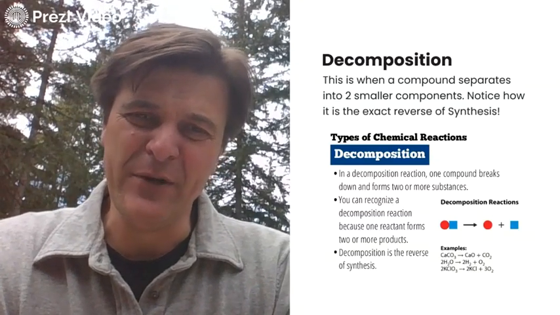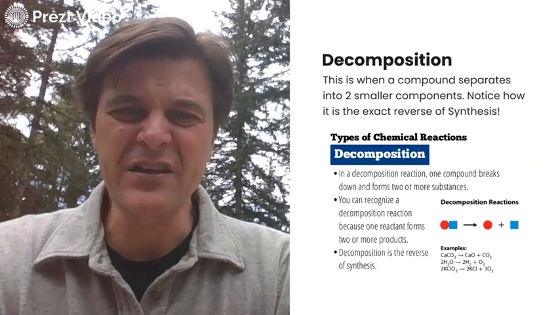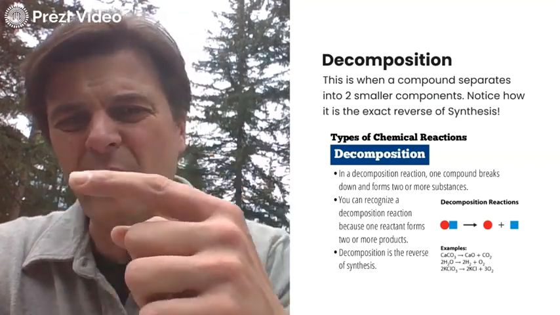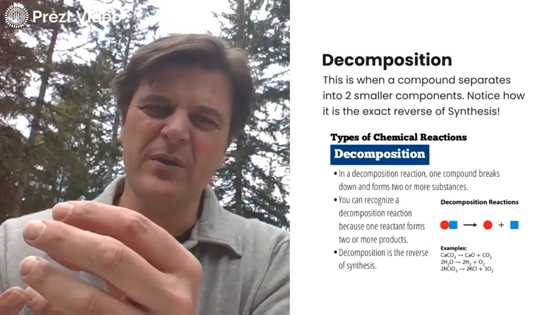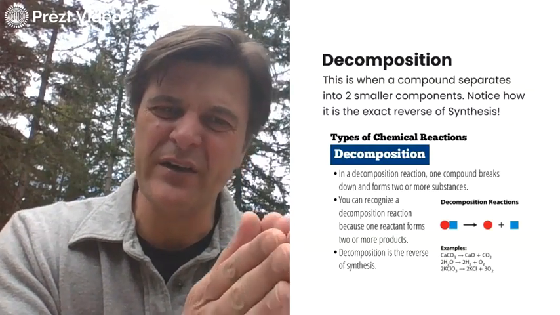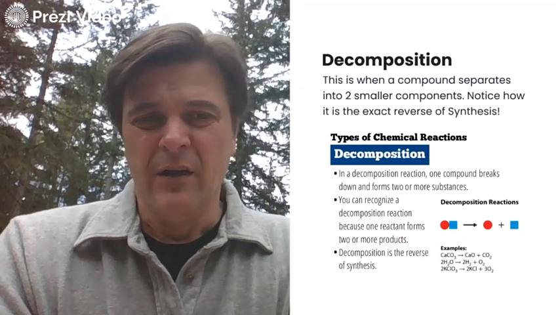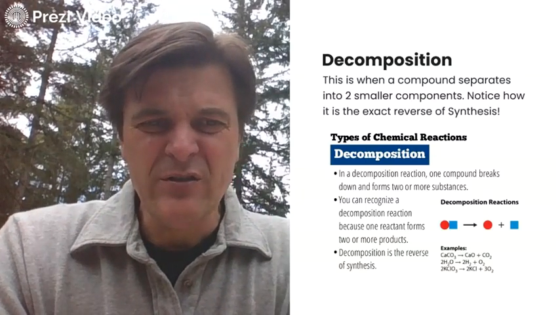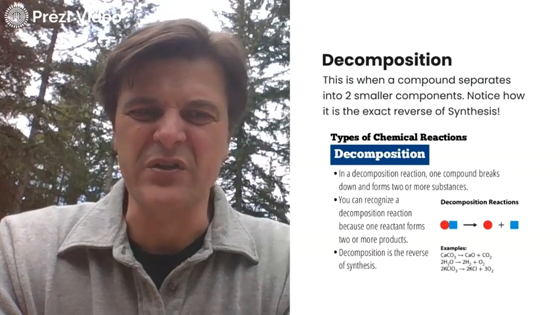Now, if you look at the diagram here, you see it's exactly the same as a synthesis, only backwards. In the synthesis, you take two elements and you combine them into a product. In the decomposition, you take this product and you separate it into your two elements. So in a decomposition reaction, one compound breaks down and forms two more substances.